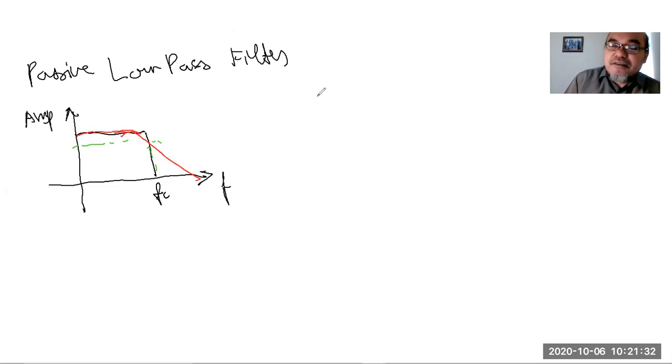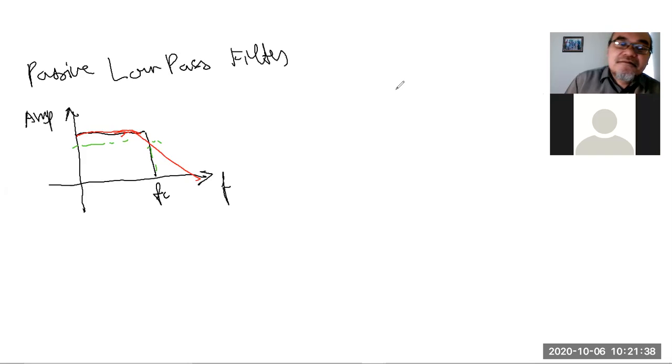The amplification at the cutoff frequency, in the actual first order low pass filter, the red one here.